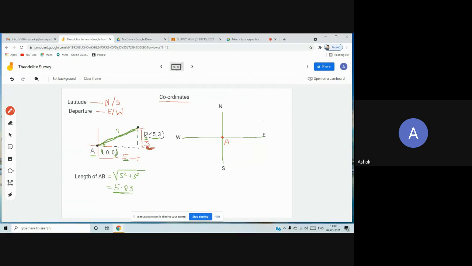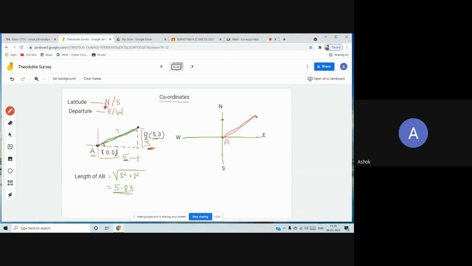When I say 3, it can be this side or this side, but from here I know that it is north, so it is this side. Same way, this 5 is departure, and from A, it is towards the east side. That means it is here. So this is the position. Latitude 3, departure 5. And this is our line, survey line AB.